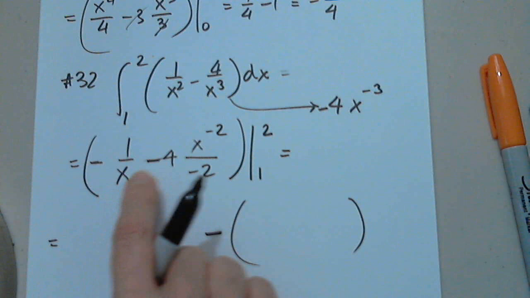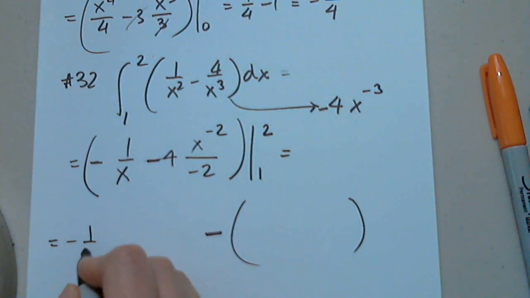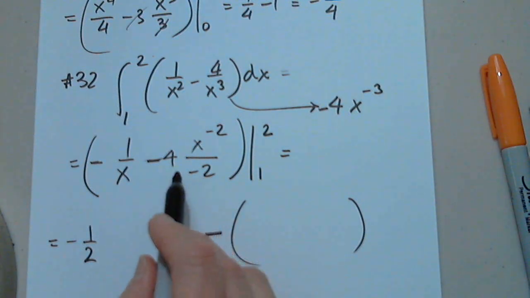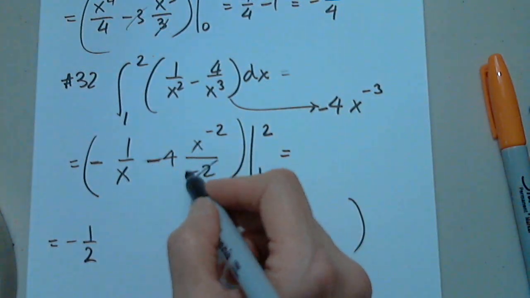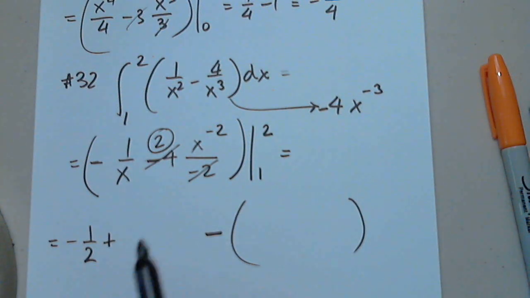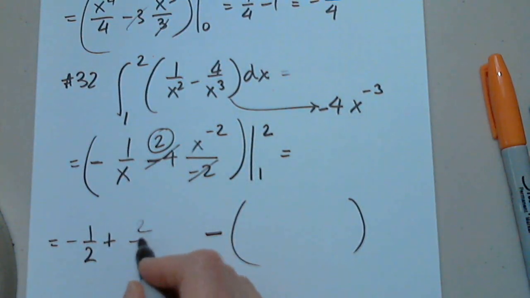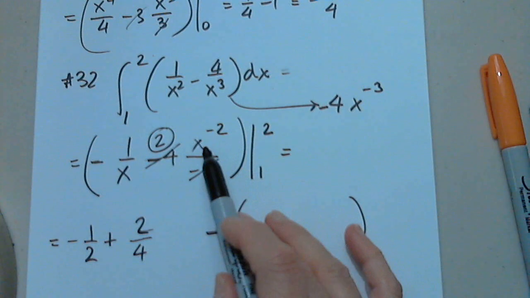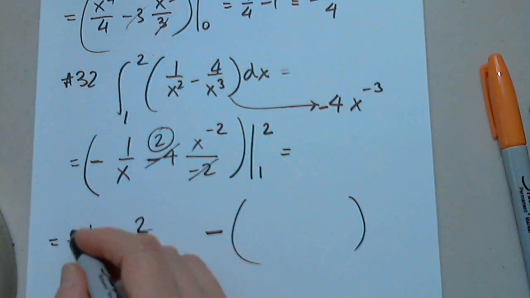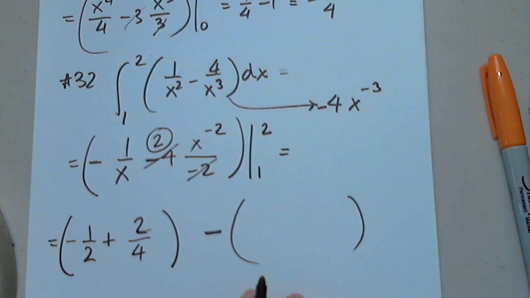So negative 1 over x with 2 in it is negative 1/2. Negative 4 with negative 2, this changes into 2. You can do this if you want. So it's plus now 2 over 4. 2 to negative 2 is 1 over 4. So that's the first part.